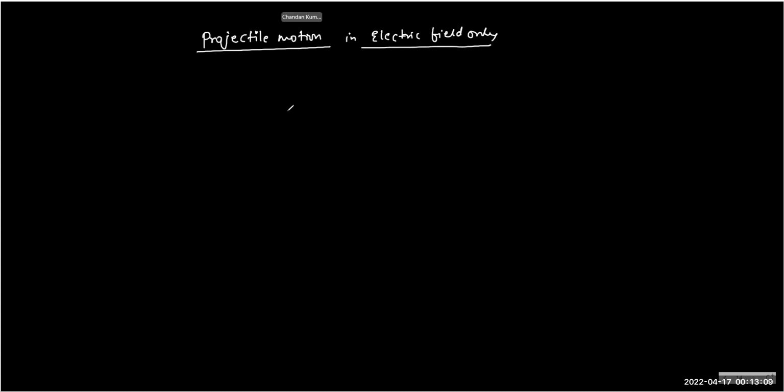So imagine if I create a, I mean, this is called a capacitor, but let's say you don't know about capacitors. What you need to understand is that we have two metallic plates.